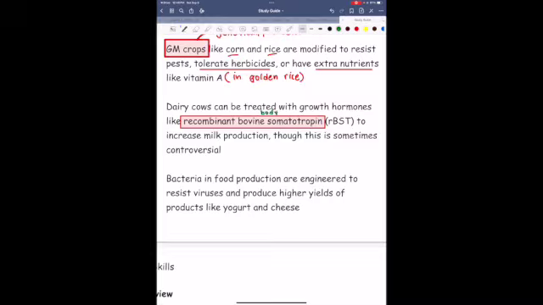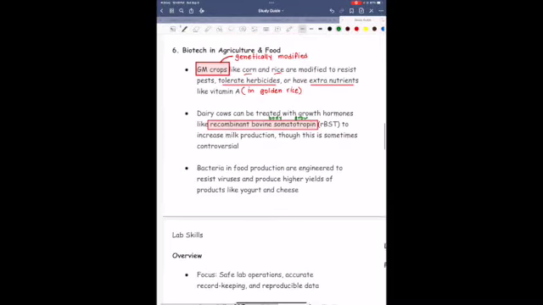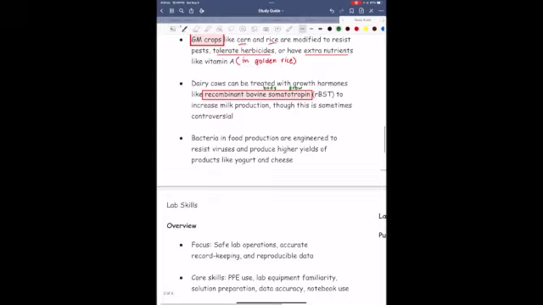And tropin means to grow. So a growth hormone that makes cows produce more milk, which can be controversial. Bacteria in food that they use to resist viruses and produce higher yields of products like yogurt and cheese.